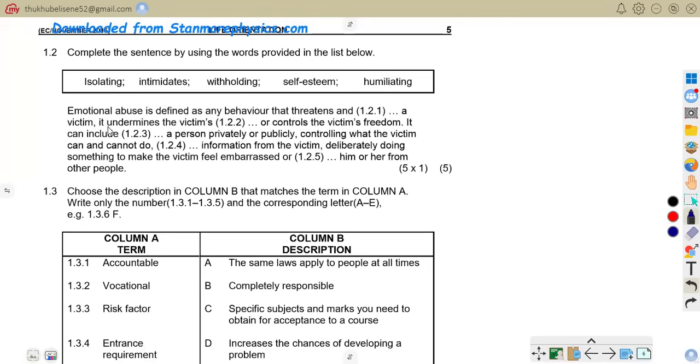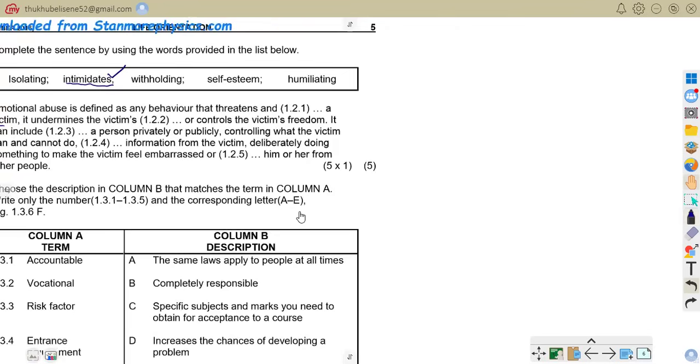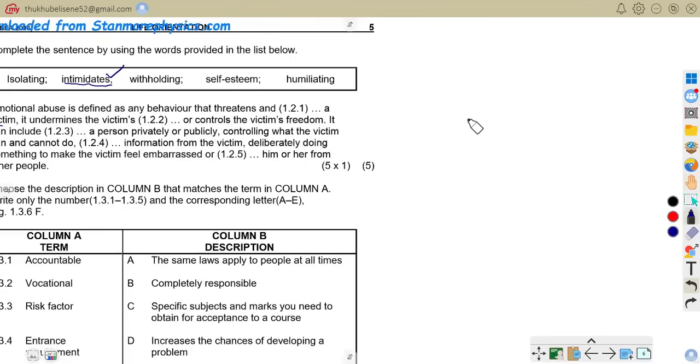So there the correct answer is intimidate. Meaning, emotional abuse is described as any behavior that threatens and intimidates a victim. So 1.21 is intimidate.